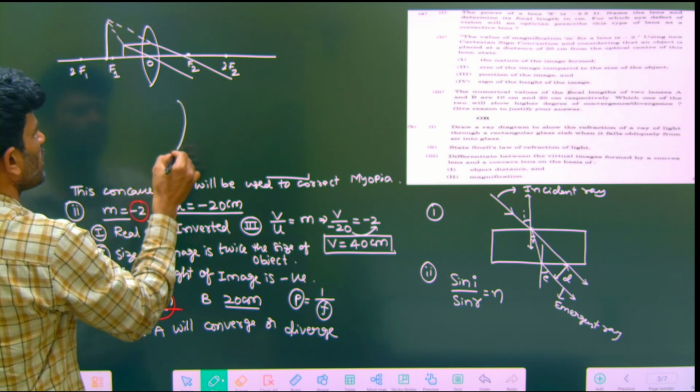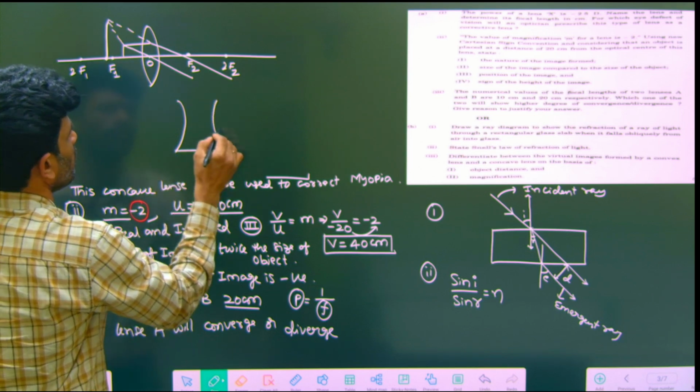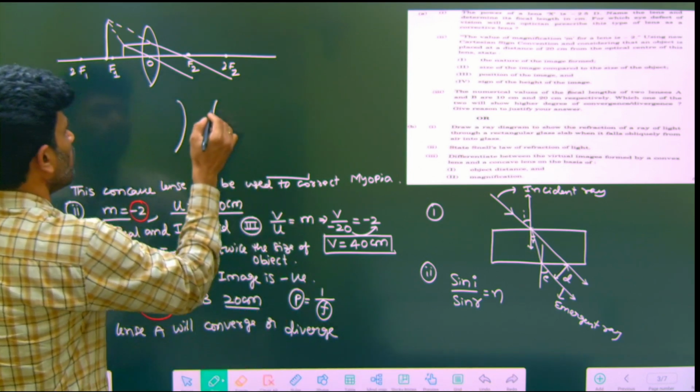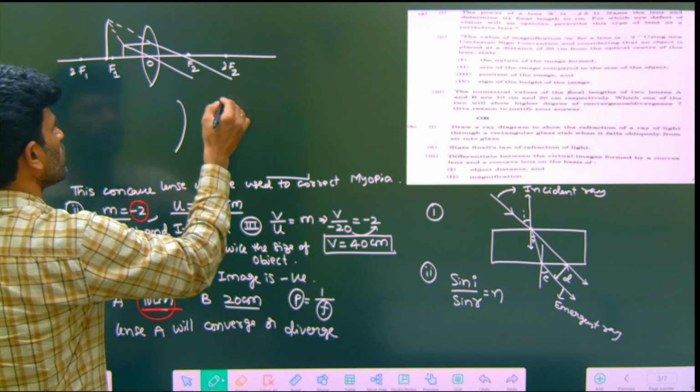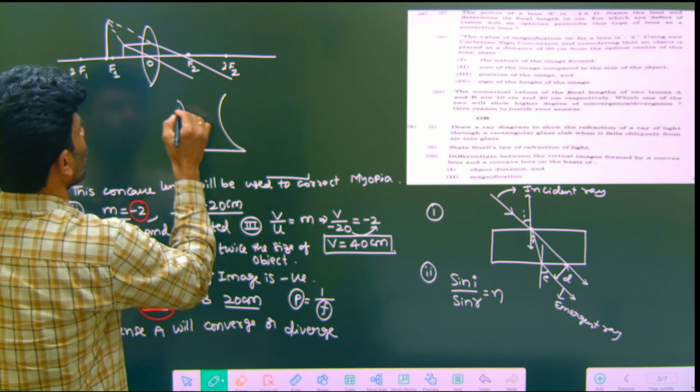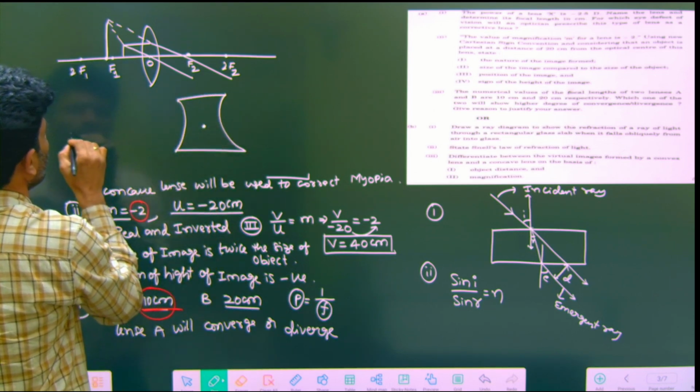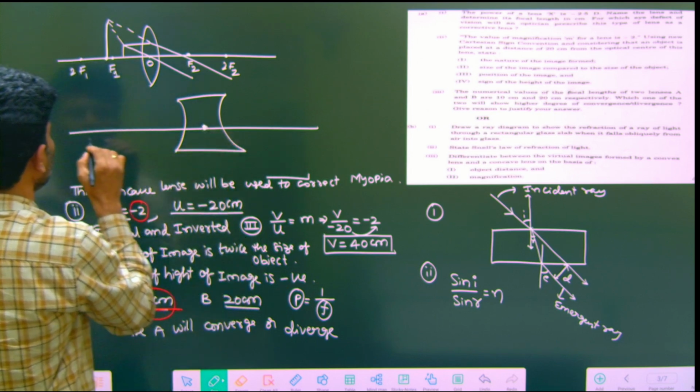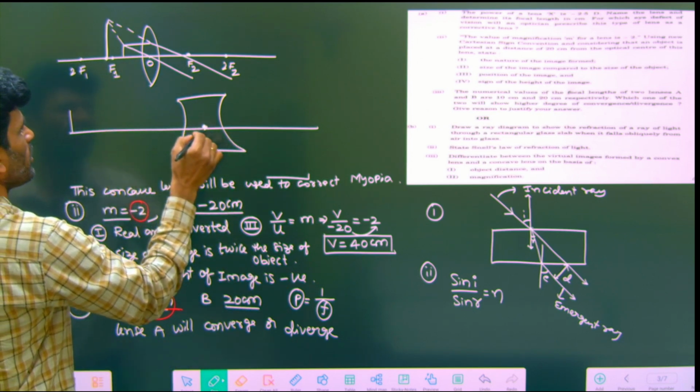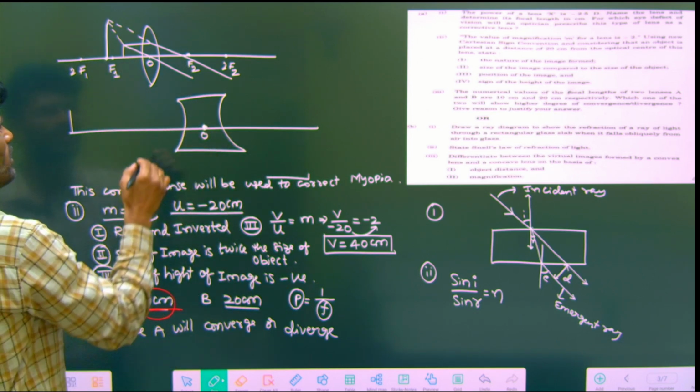But whereas in concave lens, wherever you keep between infinity and optical center, at any place, what we get?